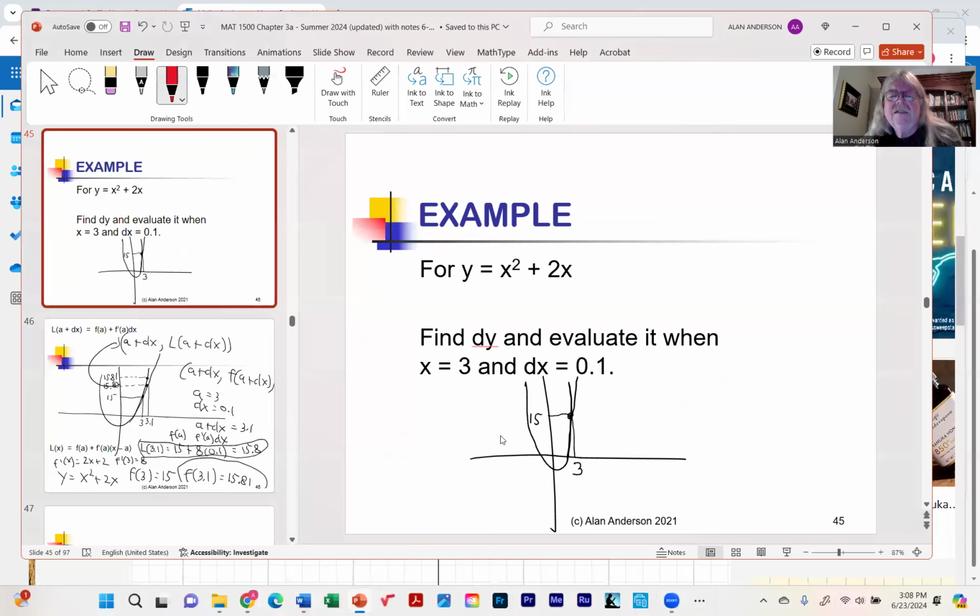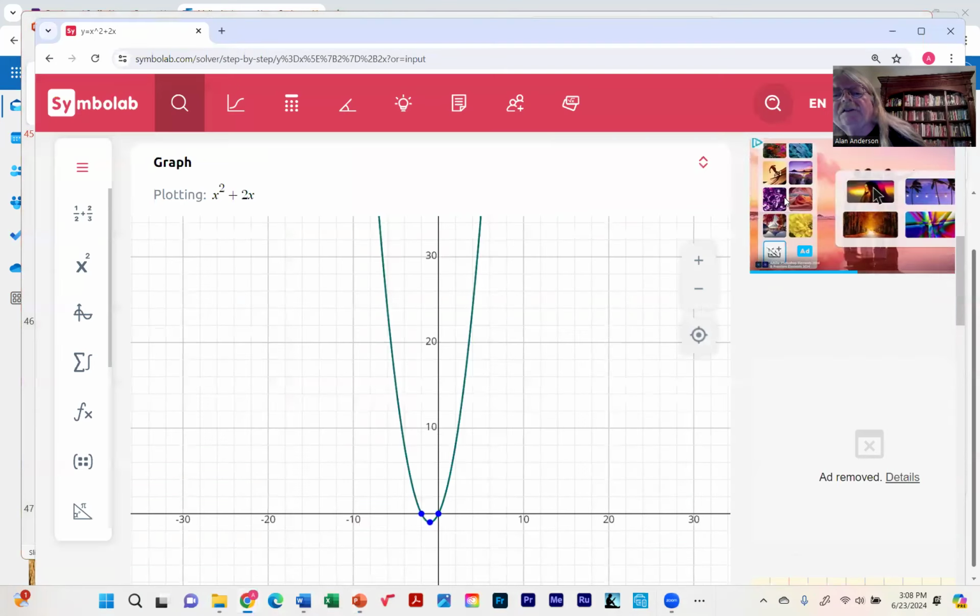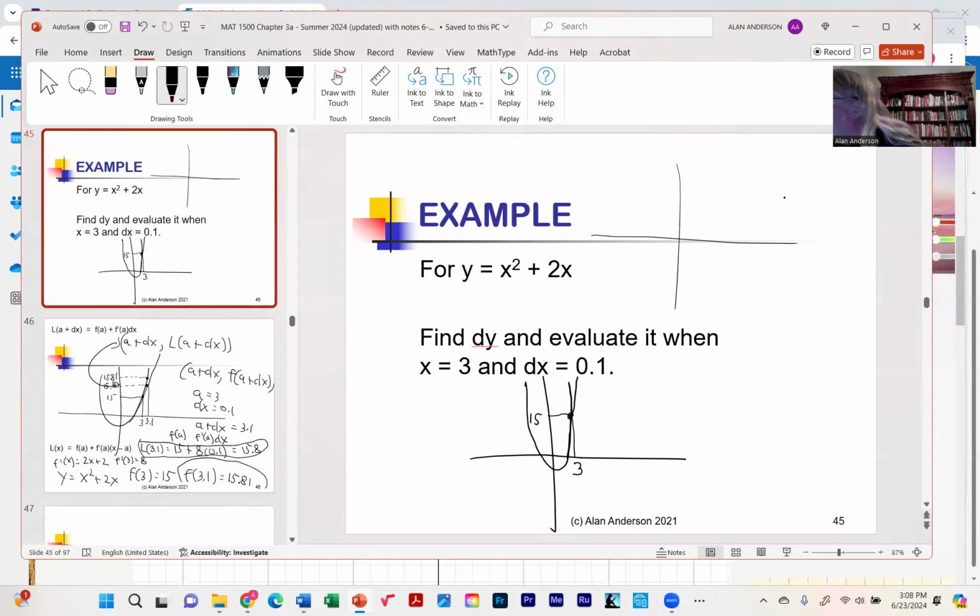All right. I don't know, maybe I can improve on it a little bit. It's a very steep parabola rather.